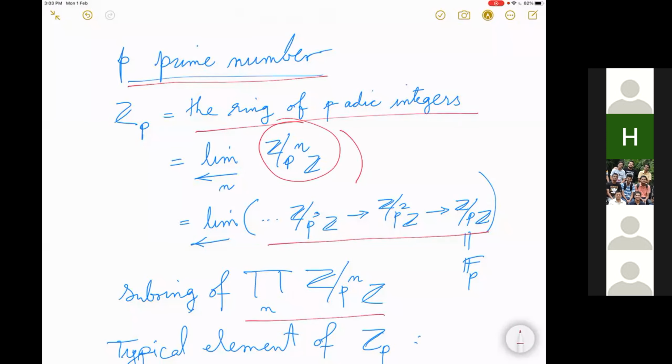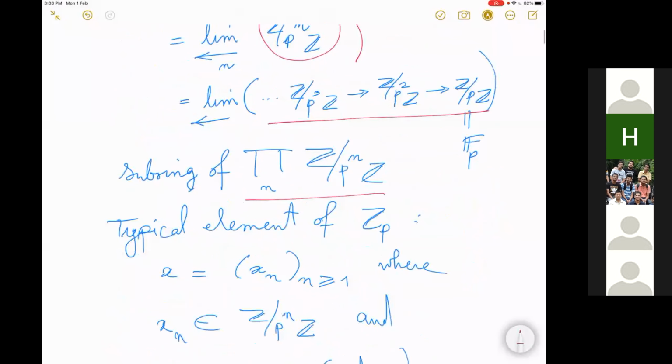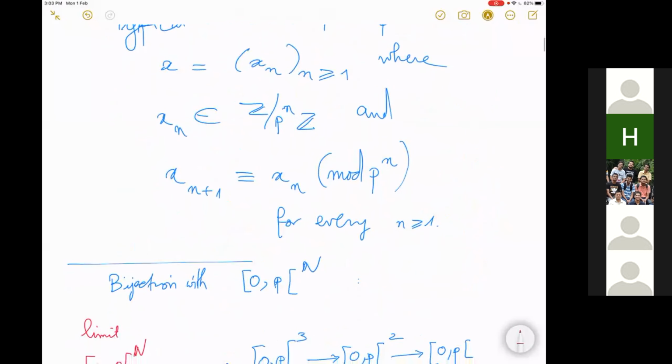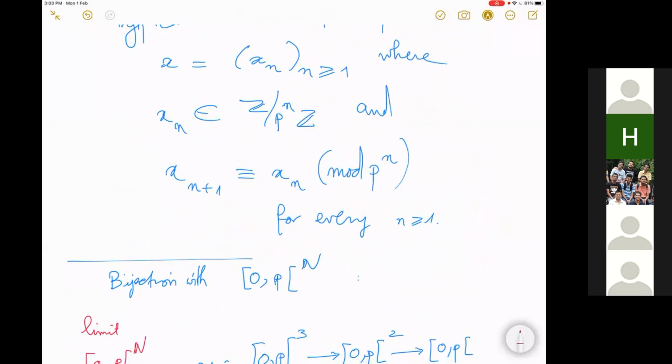And what does a typical element of ZP look like? It looks like this by definition. It's a sequence xn for n greater than 1, where each xn is in Z modulo P to the nZ, and xn plus 1 is congruent to xn modulo P to the n.